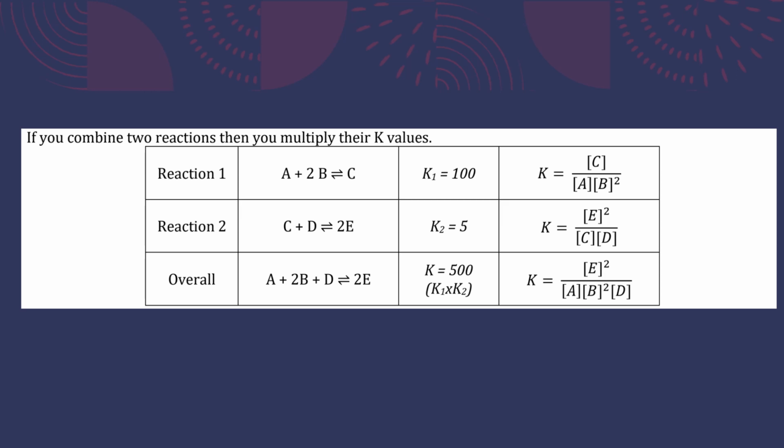So our K1 times K2 makes our overall K for the reaction, and that will be 500. And as you can see, your K expression at the end is basically the overall reaction itself. So you can see that the C's disappear, and then you have E squared over A times B squared times D.